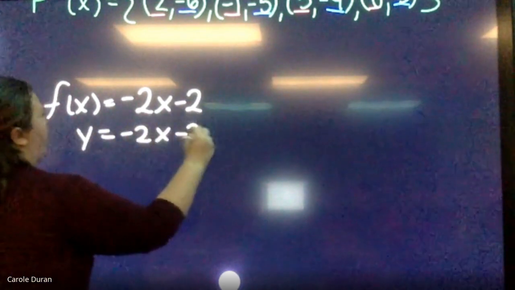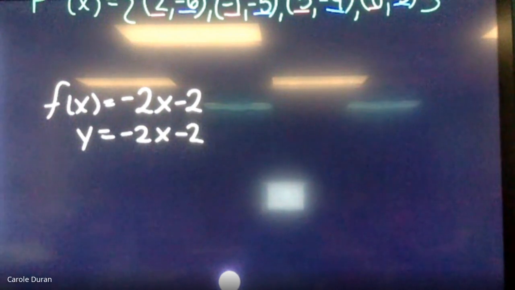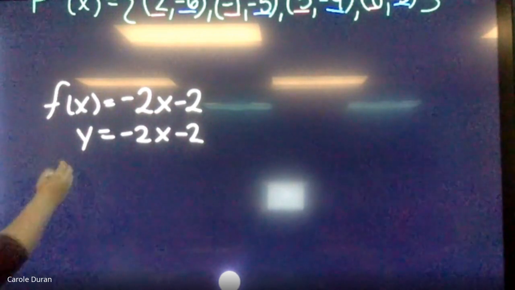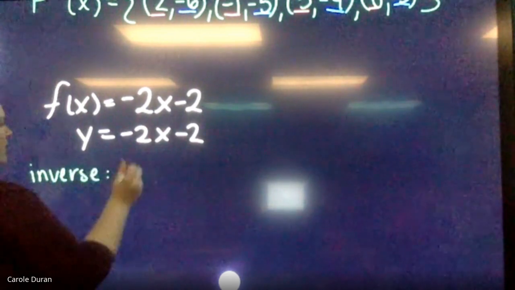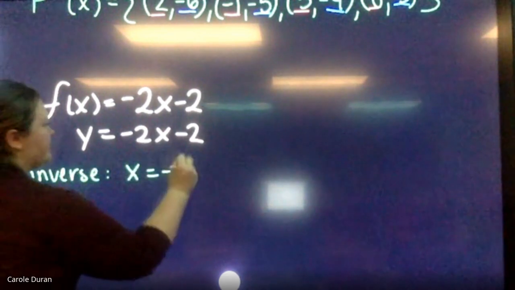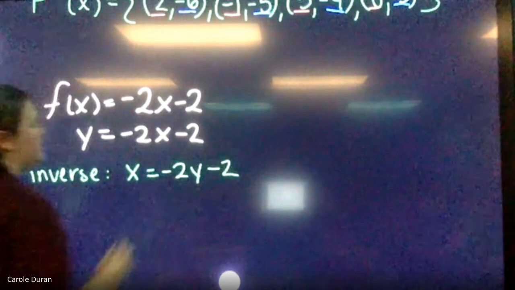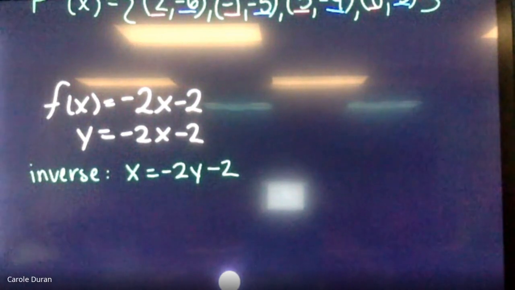They mean the same thing. Once we have a y and an x in our function, to find the inverse, I flip the x and the y and solve for y. So that means for the inverse, my y's become x's and my x's become y's. So to start out, I now have x equals -2y minus 2.